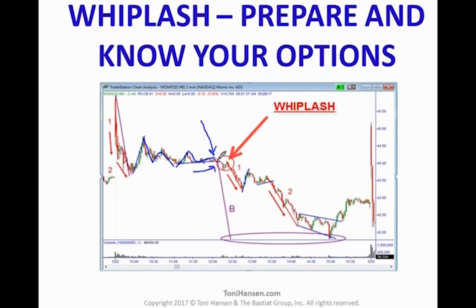But if you miss the breakdown, oftentimes, if this range is super, super narrow, like we see here on MOMO, it will usually pop back up into that range and even can take out the high of that range before it breaks lower.